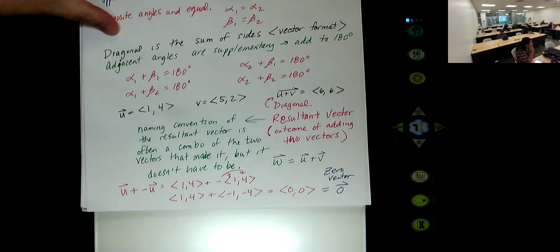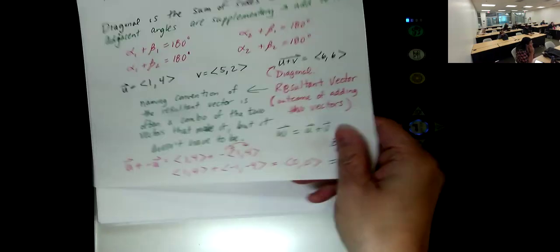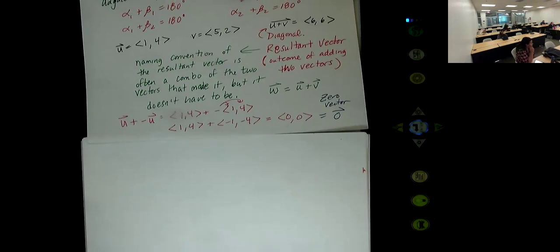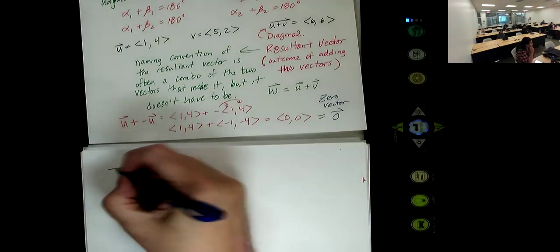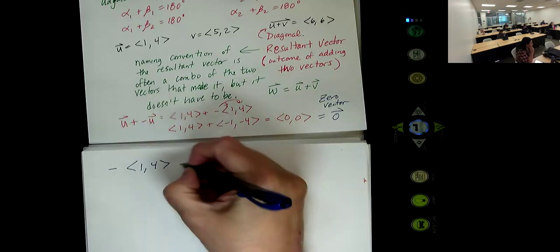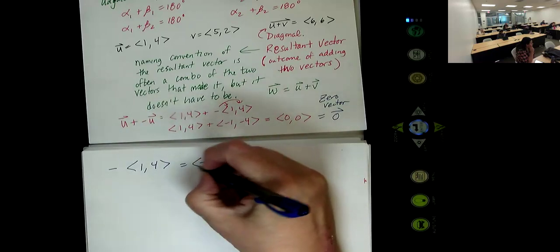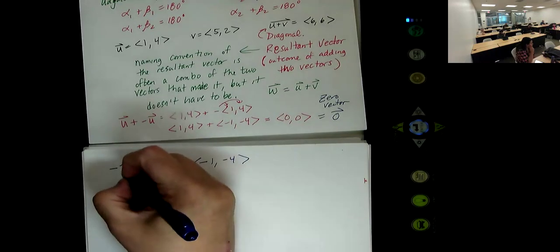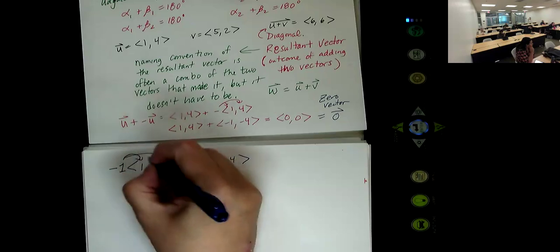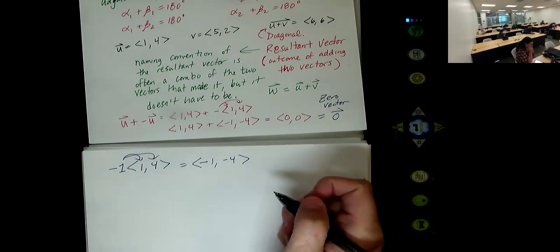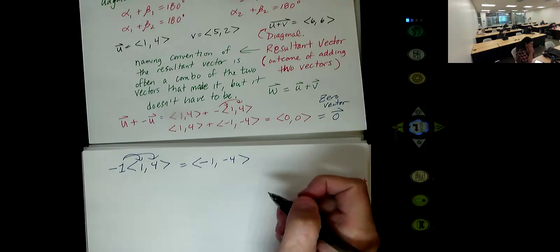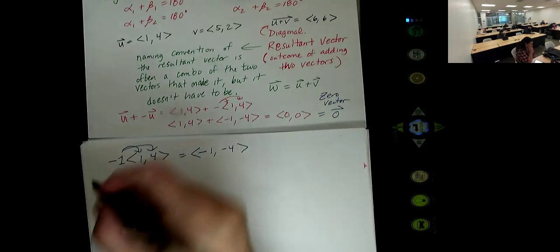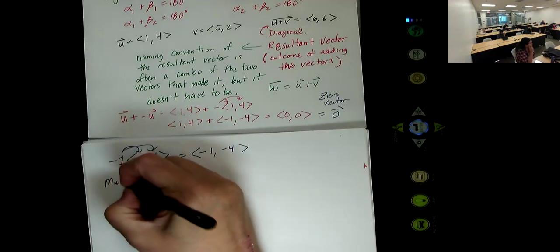And notice what I did here, before I go into some more topics. I had negative 1, 4, and I said this was negative 1, negative 4. This is like taking negative 1 and multiplying it in. So there's a couple ways that vectors have multiplication involved. Multiplying with vectors.